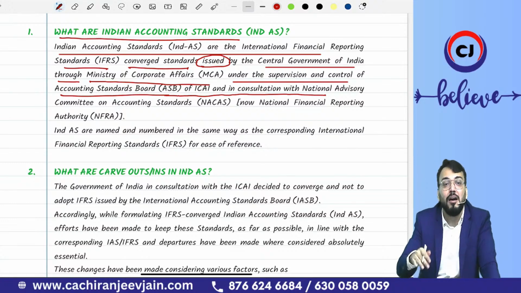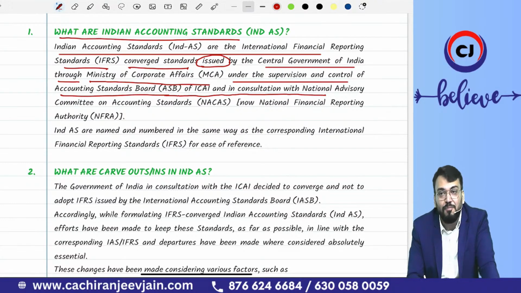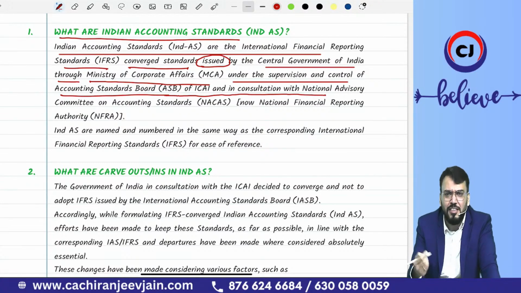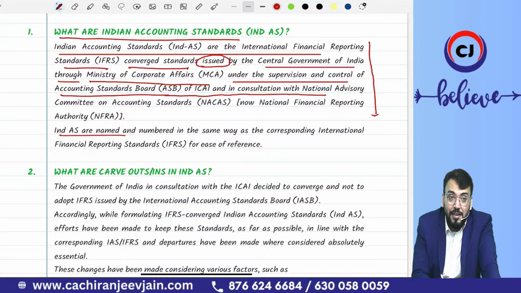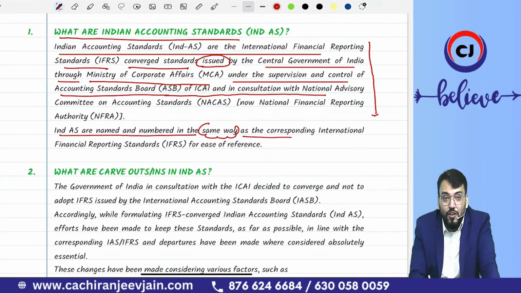Now NACAS has become NFRA, the National Financial Reporting Authority. Understood? So this becomes the meaning of IND AS. IND AS are named and numbered in the same way as the corresponding IFRS for ease of reference.